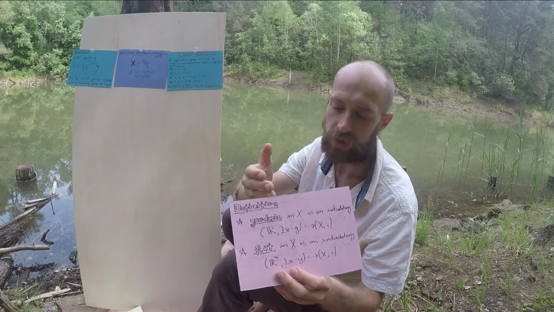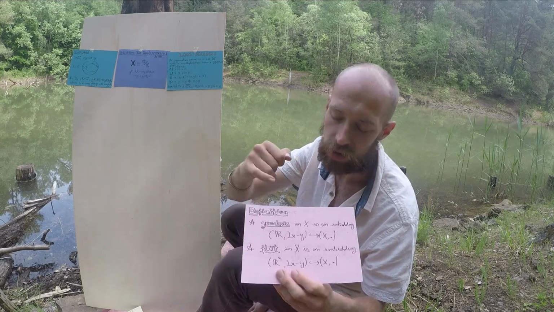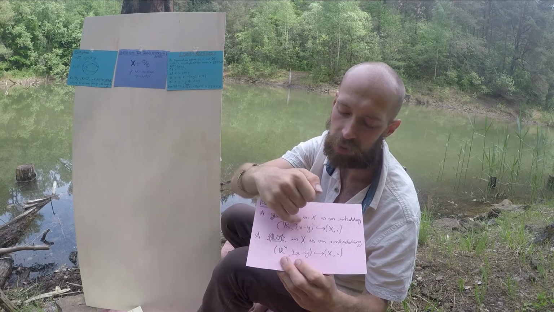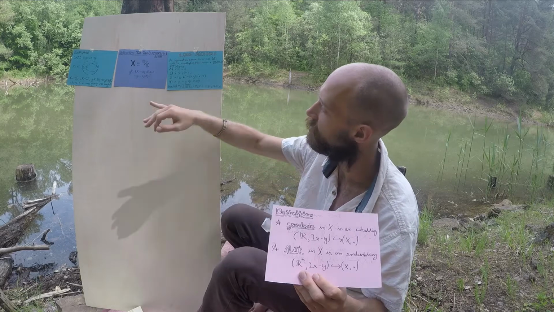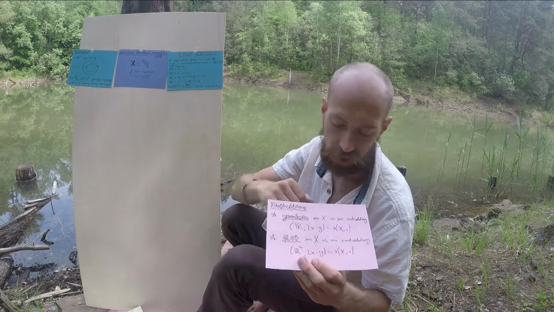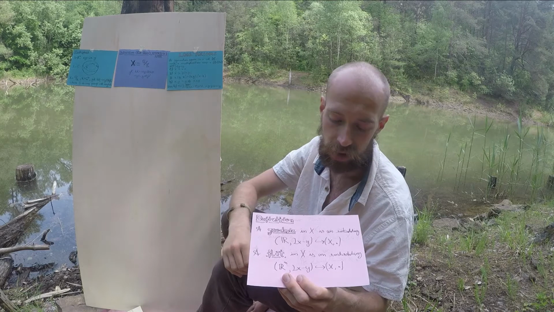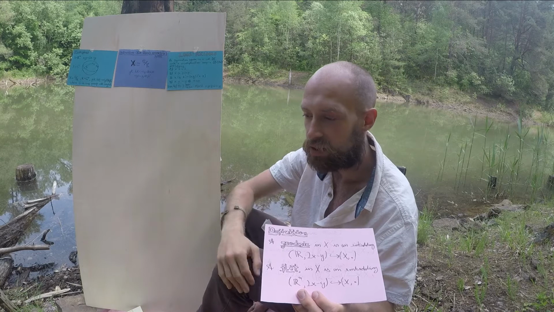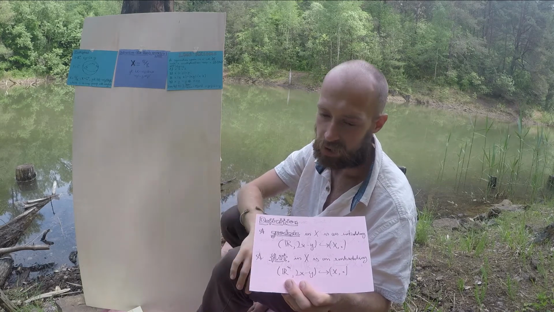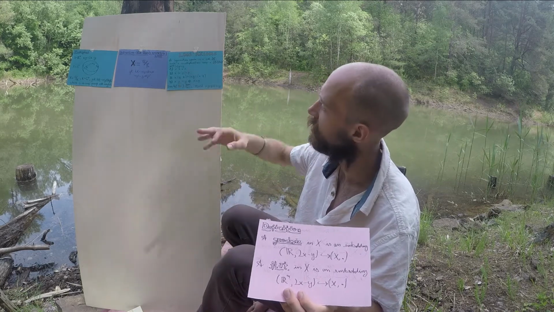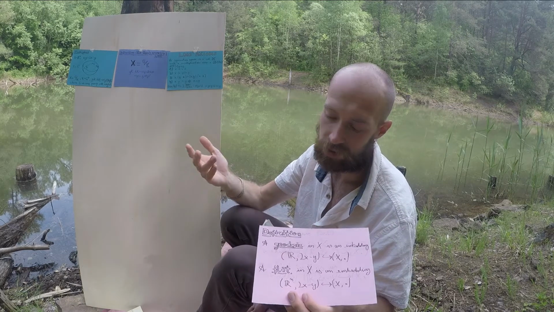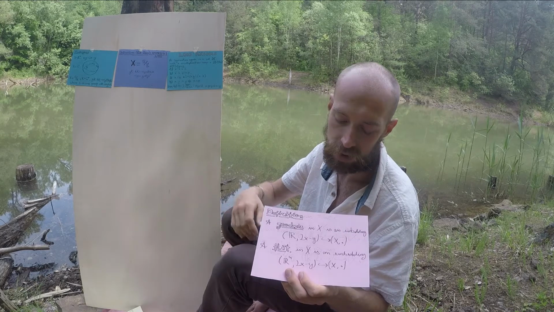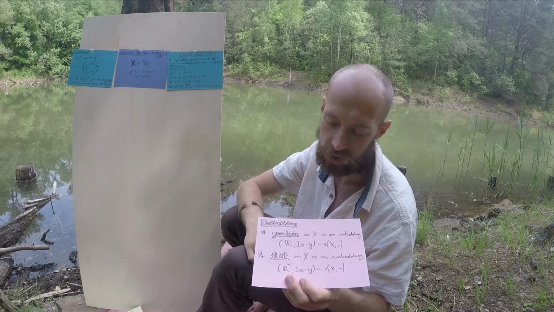A geodesic in such a space X is just an embedding of the real line with this multiplication map 2x minus y, which I just explained, into the space X. Of course, embedding is meant with respect to the category that we work in. Maybe we just work with sets, then it's just an injective map. If we have a topology, of course we want this map to be continuous.